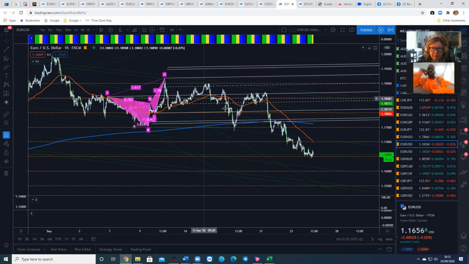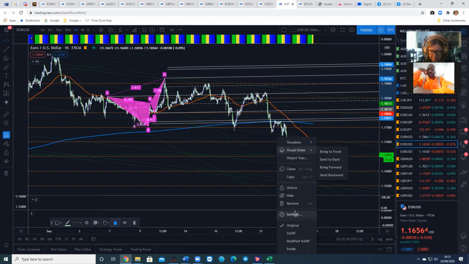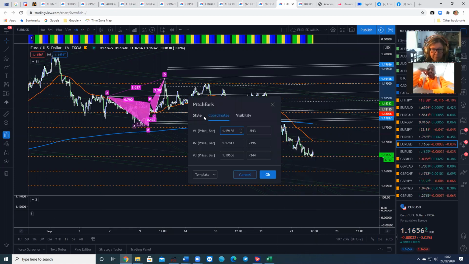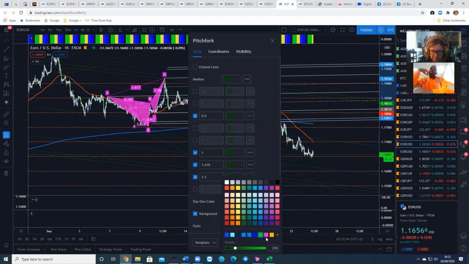So we can see that this Euro USD is already dropped off into an old scan. So I'm going to bring that one up. And let's have a look, see where that one is from.